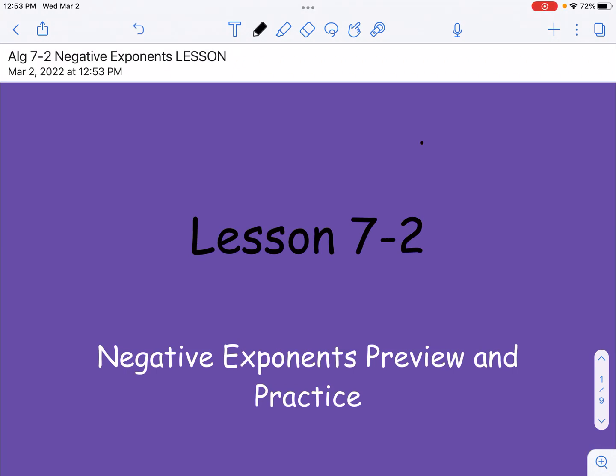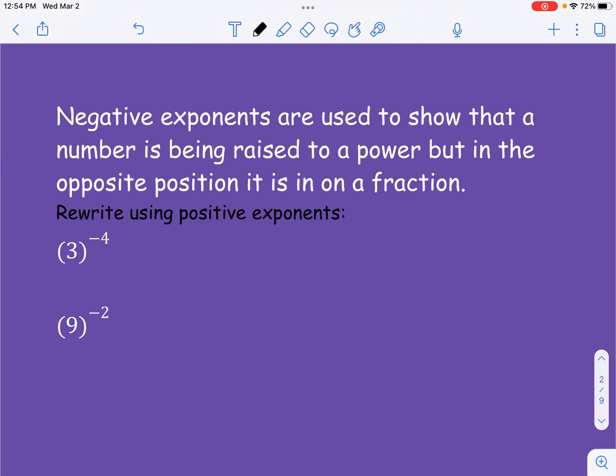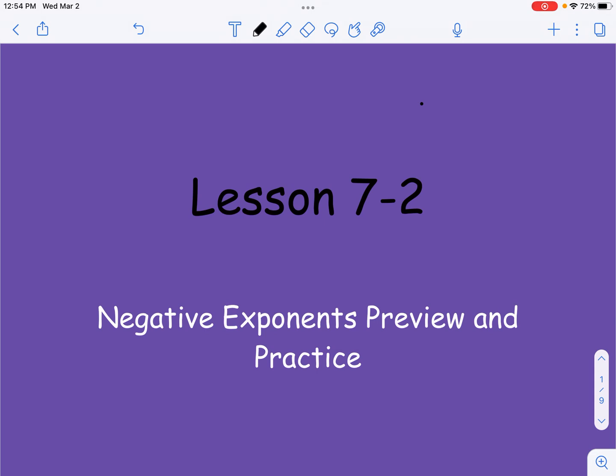All right, so if we're gonna go any further, one of the things we need to do is talk about negative exponents, right? I have to talk to you about them before we go through division, but they're kind of hard to understand without knowing a little bit about how division plays into this.